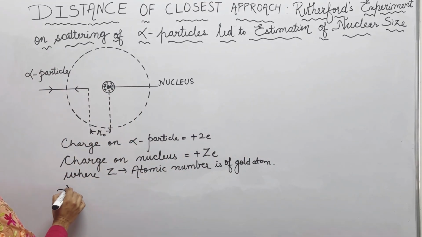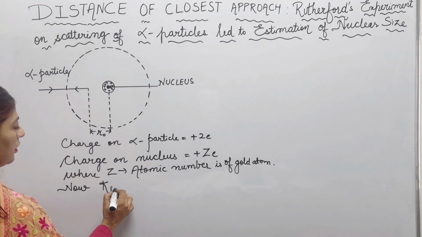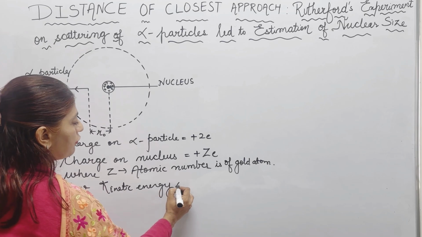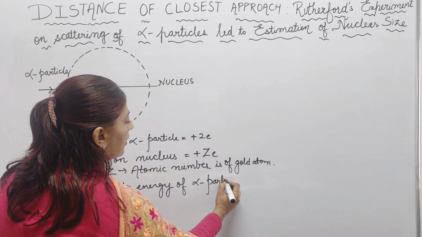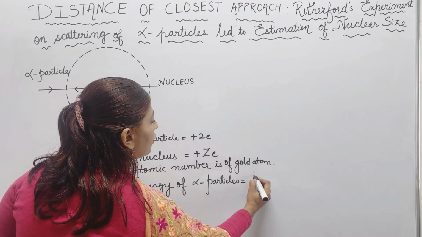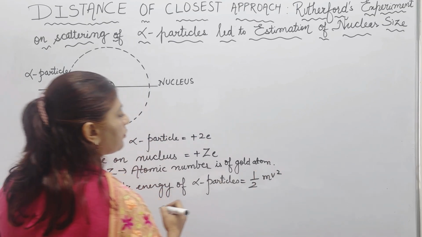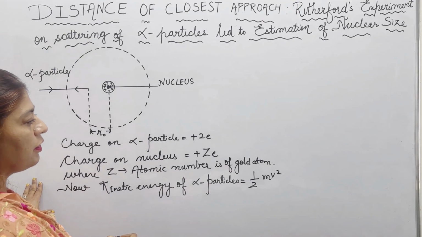Now, kinetic energy of alpha particles is equal to half m v square, where m is the mass of the alpha particle and v is the velocity.